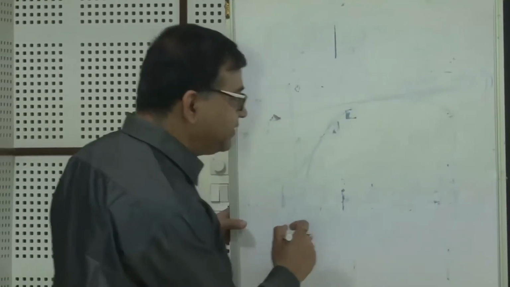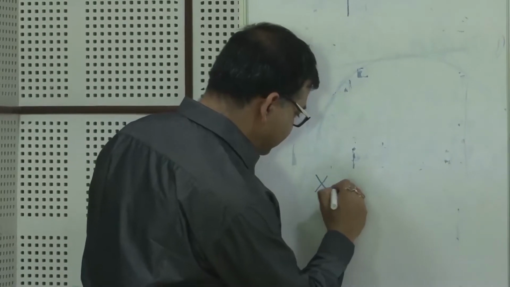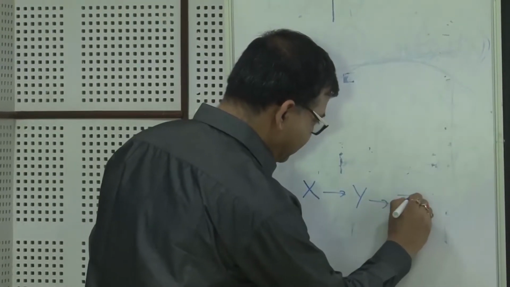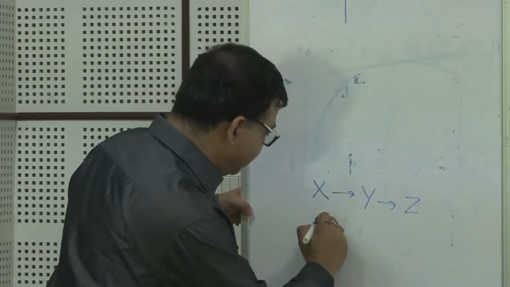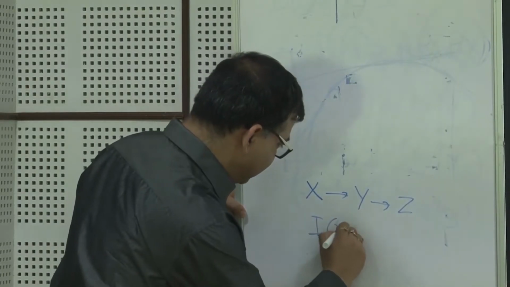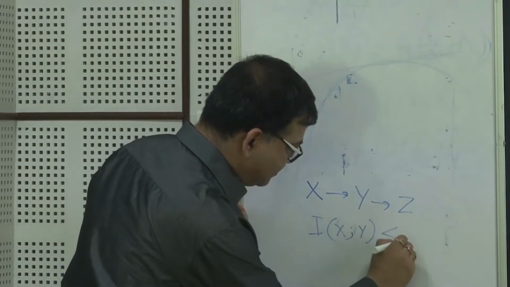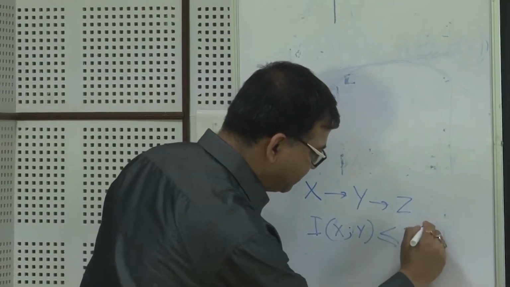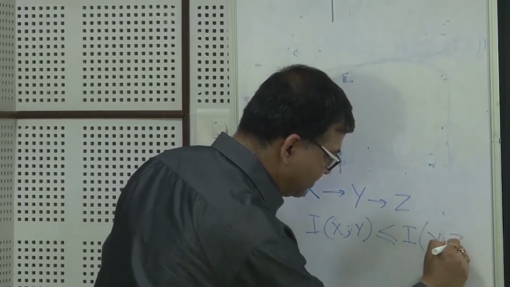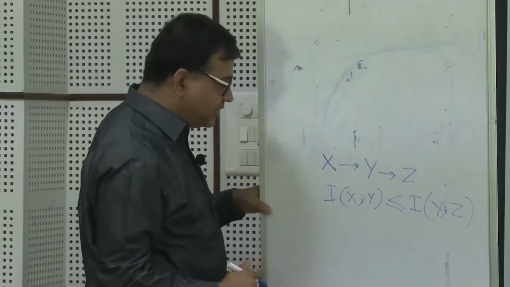I have shown basically if x, y and z form a Markov chain, then mutual information between x and z is less than or equal to mutual information between y and z, right.